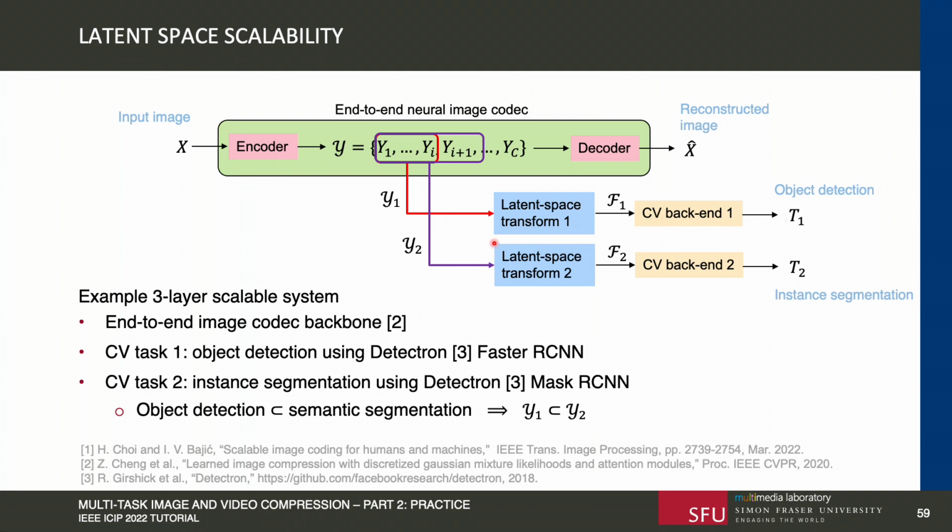And here we use Detectron as the backbone for these two tasks, and in particular object detection here is carried out using Faster R-CNN, whereas instance segmentation is carried out using Mask R-CNN.